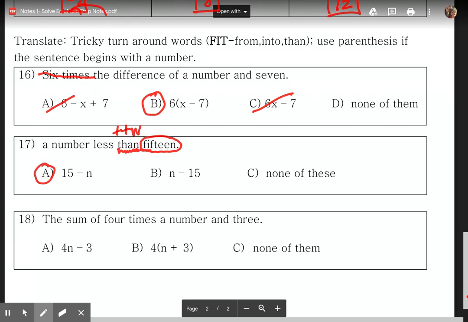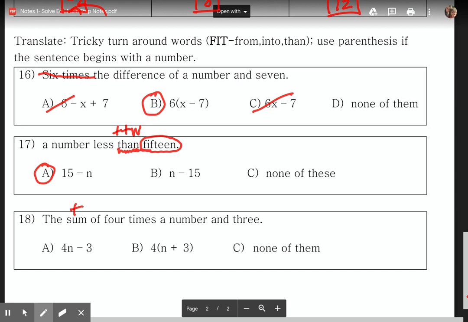Let's take a look at number 18. This one says the sum of 4 times a number and 3. There's not any tricky turnaround words. It does not begin with a number, like number 16 began with 6 times. Number 18 just says the sum. The sum means to add. So we're going to add 4 times a number and 3.